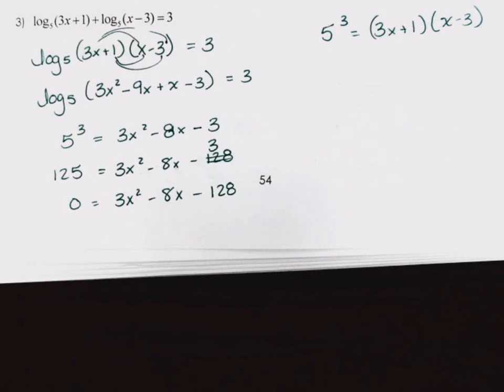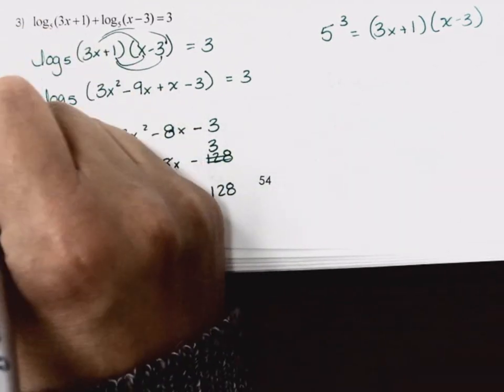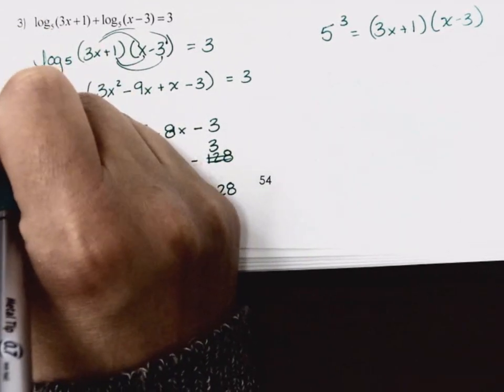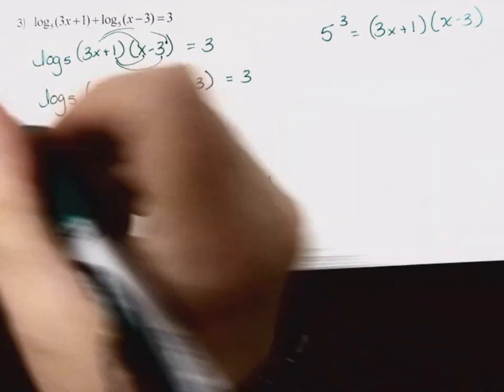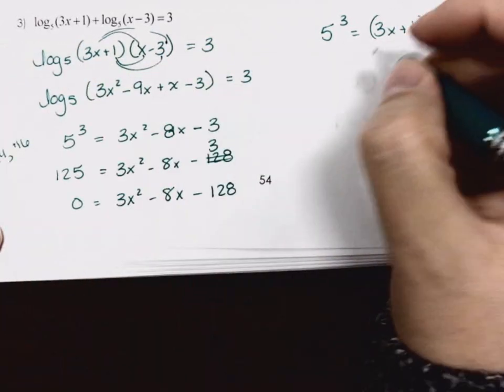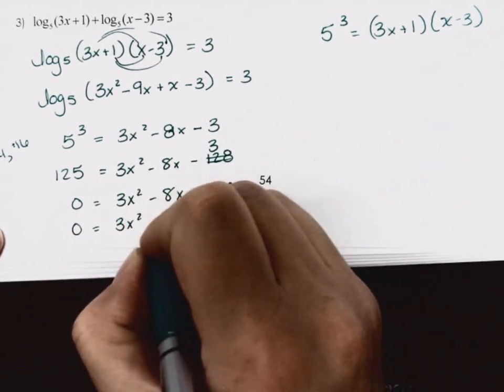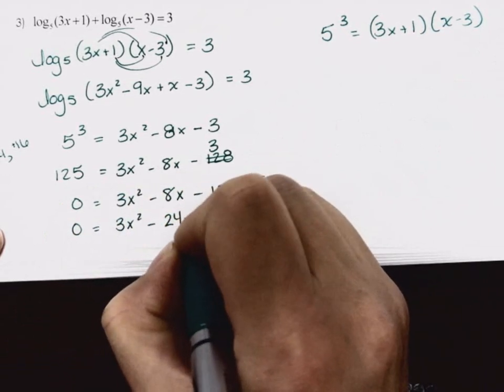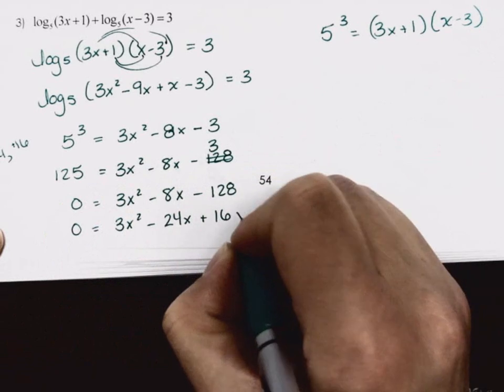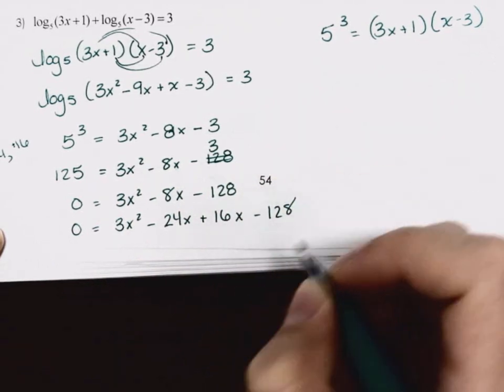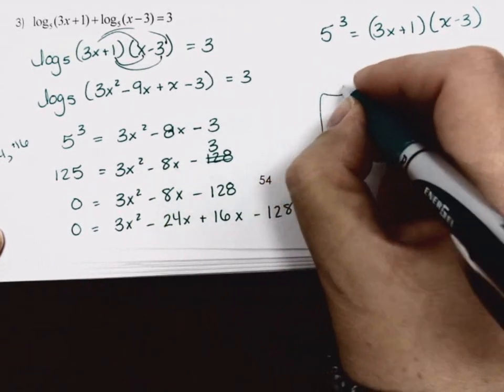Is this factorable? Yes? What are the factors? Negative 24 and 16? Negative 24, negative 16? No, positive 16. How'd you get that?